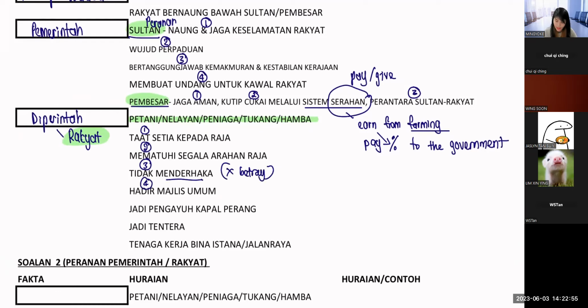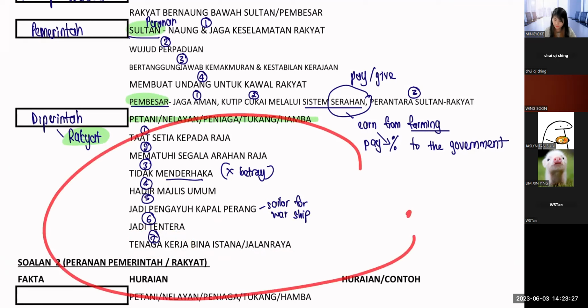They will attend the public gathering, public meeting. They will become the sailor for warship. And then they will become soldiers, tentera, or they will become a labor to build palace or road.